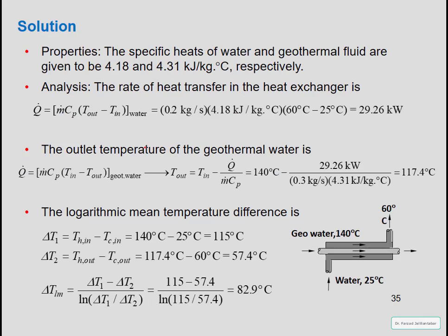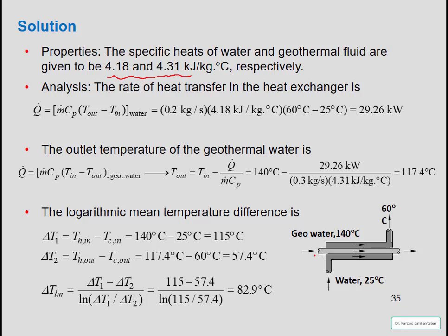So now let's start the question from the beginning. The properties which we have are the specific heats of the two waters, the cold one and the hot one from the geothermal fluid, and they are given in the question. They are known.